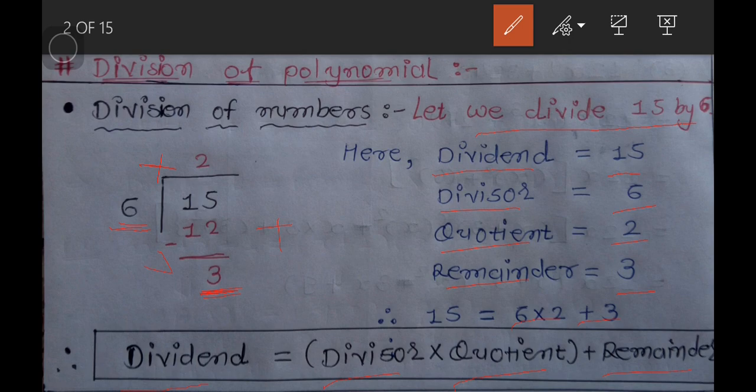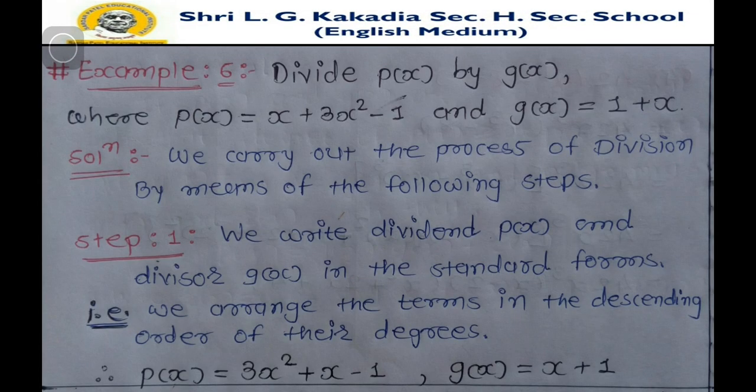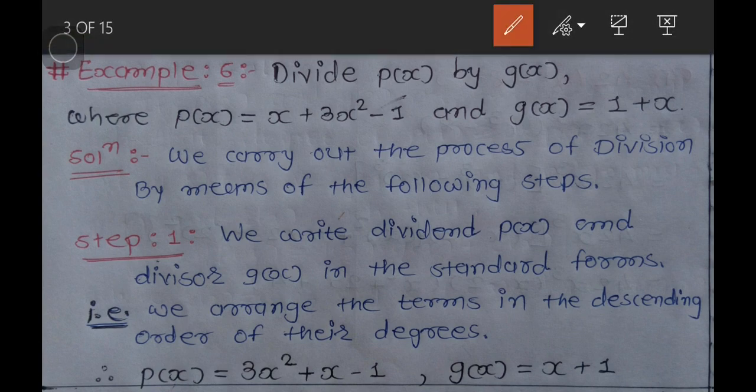Now let me explain how we can use division rule for polynomial. We understand it step by step. To understand division of polynomial, let me take one example, example number 6, that is divide p of x by g of x.